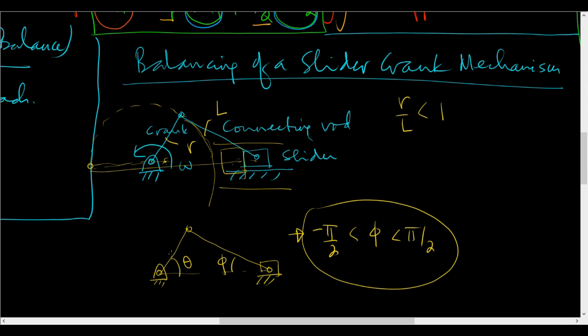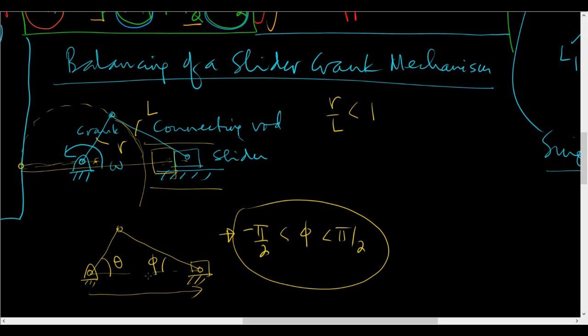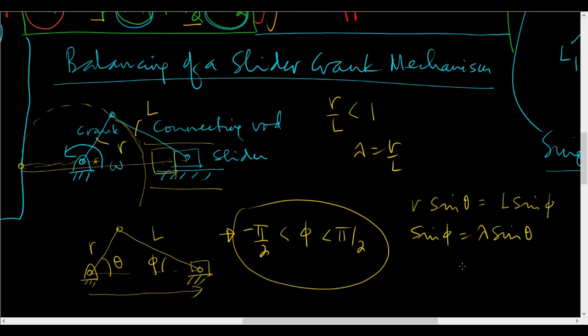Now what is the x direction position of this slider from here? That direction we can find using two simple equations. One is, see, remember, this is R, this is L. So I have R sine theta is equal to L sine phi. So sine phi is equal to lambda sine theta, where lambda is equal to R by L. Okay, so that's one thing.